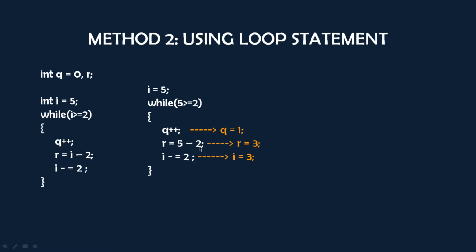And then for r, we subtract 2 from the value of i. So the value of r in the first loop is 3, because 5 minus 2 is 3. And then we subtract 2 from i again. So 5 minus 2 is 3.